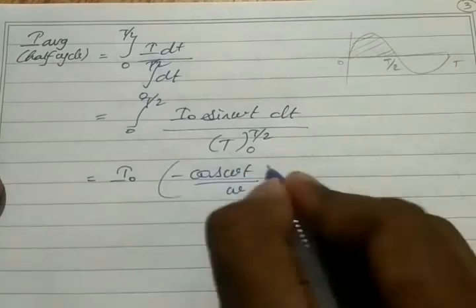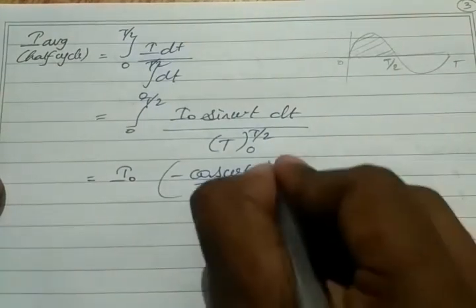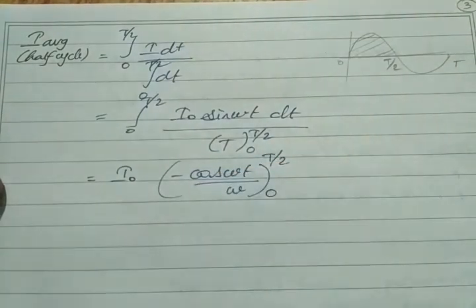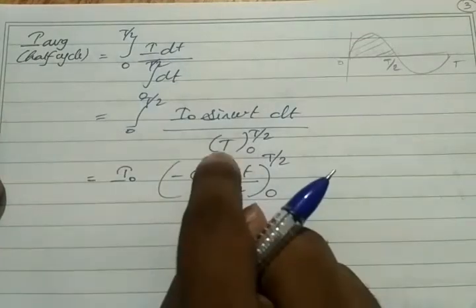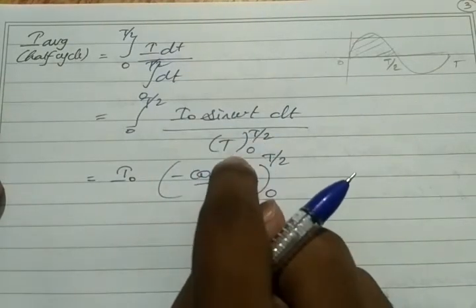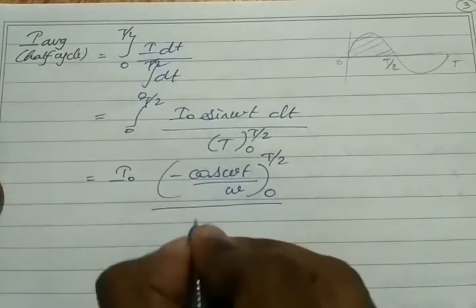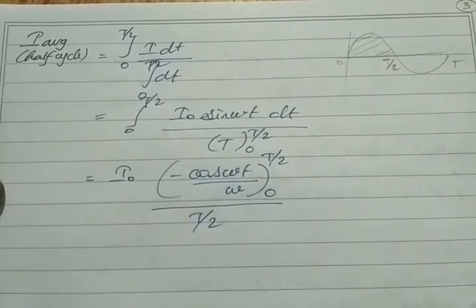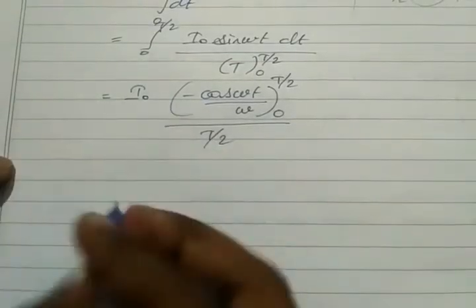Then take the limit, 0 to T by 2. Here substitute the limit also. For the upper limit, T by 2 minus 0, so we have simply T by 2, correct? Take this minus also outside.